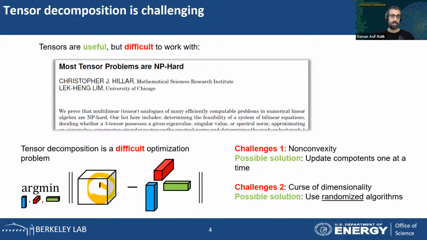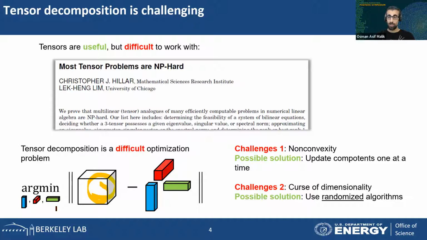So this tensor here, the white one, is some data, for example, that you want to decompose. And these red, green, and blue boxes here represent the components in some tensor decomposition that you're trying to compute. And we're trying to optimize with respect to all of them at the same time. And we want to minimize this residual that we have here. So this is a non-convex optimization problem, which means it's difficult to solve exactly. And even approximating can be very difficult.